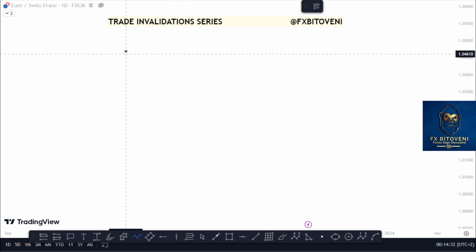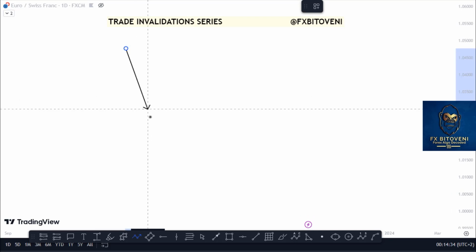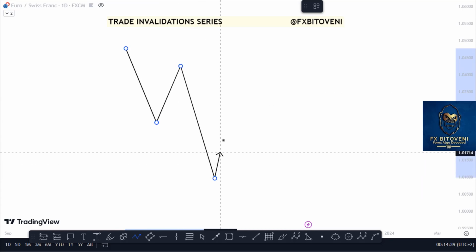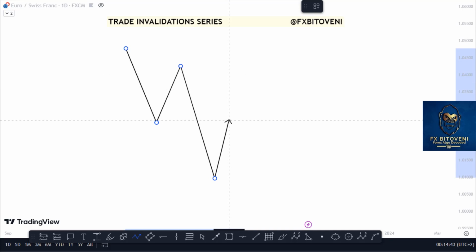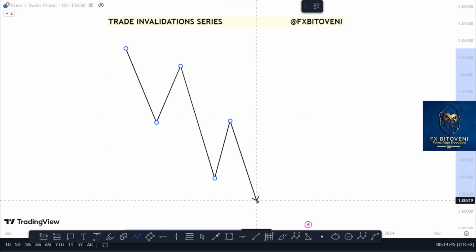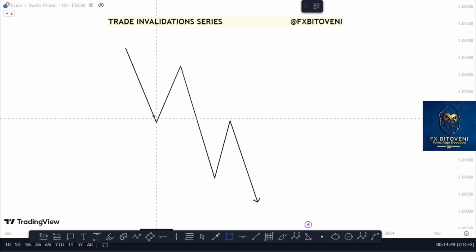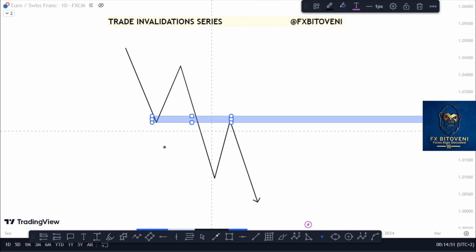When we say classic break and retest, it's when the market creates a push, and then when it is creating a pullback, it stops here without going deep. It stops somewhere here and then goes down. So this is what we call a classic break and retest. Remember, a classic break and retest.